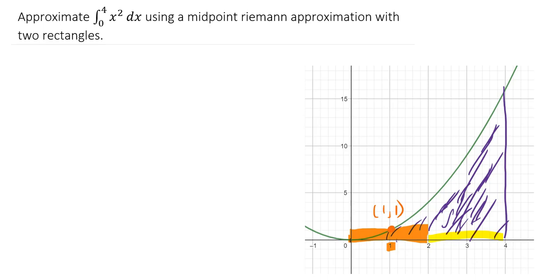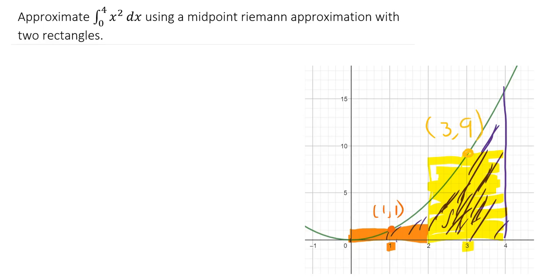My second rectangle, I'm going to use 3. I'm going to use the midpoint of the interval 2 to 4 to determine the height. So this rectangle is going to go all the way up here. This rectangle goes all the way up until it hits the point 3, 9.